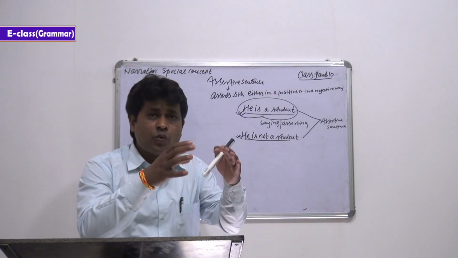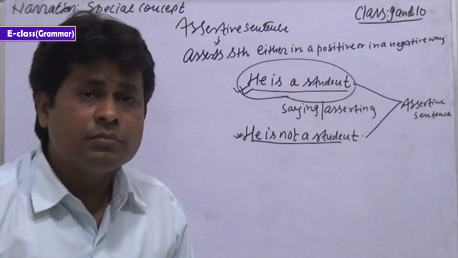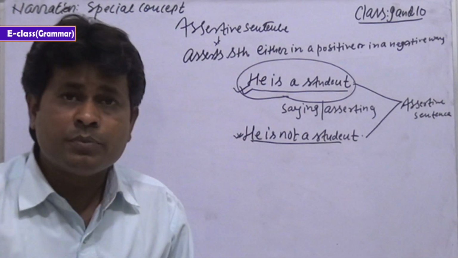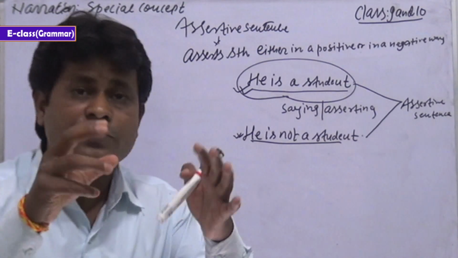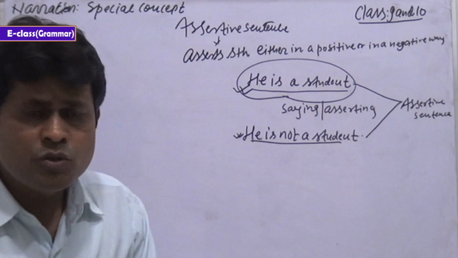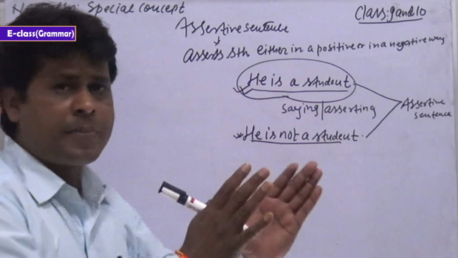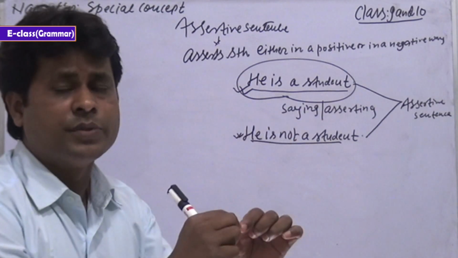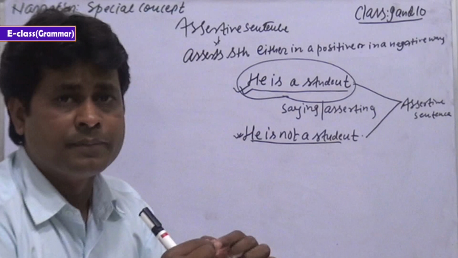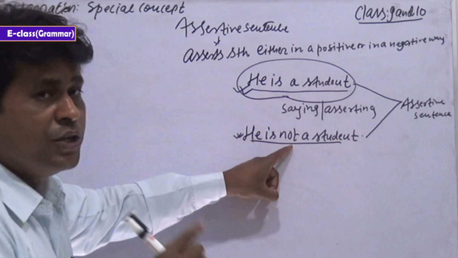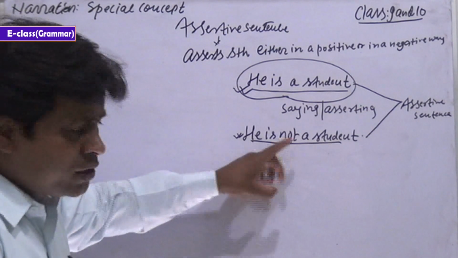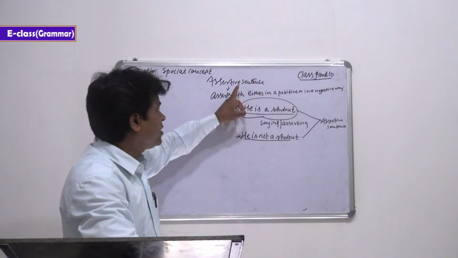Optative makes wish, blessing, curse, prayer. Exclamatory sentence shows certain feelings. So it is different from them. It says something. It tells something, either in a positive way or in a negative way. So this is according to the meaning of an assertive sentence.